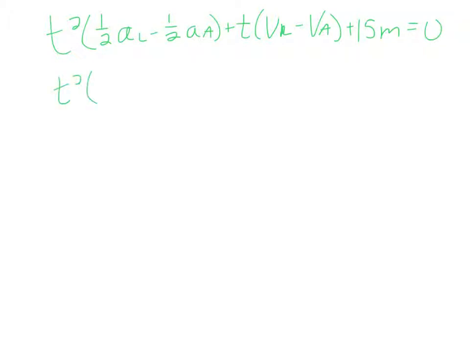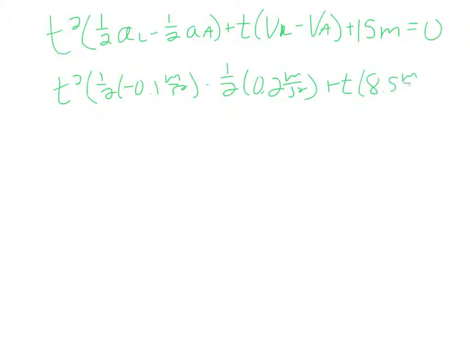T squared times 1/2 of negative 0.1 meter per second squared minus 1/2 of 0.2 meters per second squared, plus T times 8.5 meters per second minus 8 meters per second, plus 15 meters equals 0.